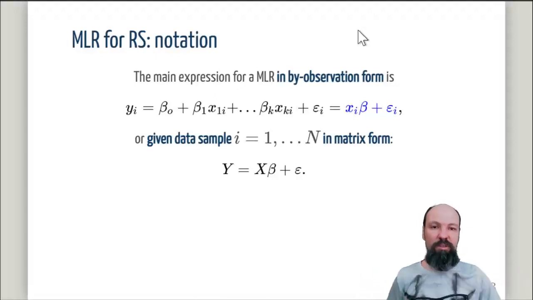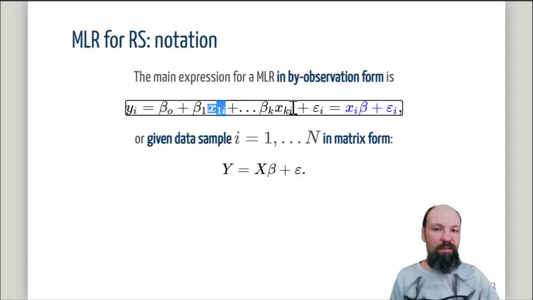So in short, if you join all the x's, including the one, so if there are k explanatory variables, k controls, k covariates, those right-hand side variables, then the dimensionality of the vector, when you combine them, is going to be a row vector because they are written in a row like that.